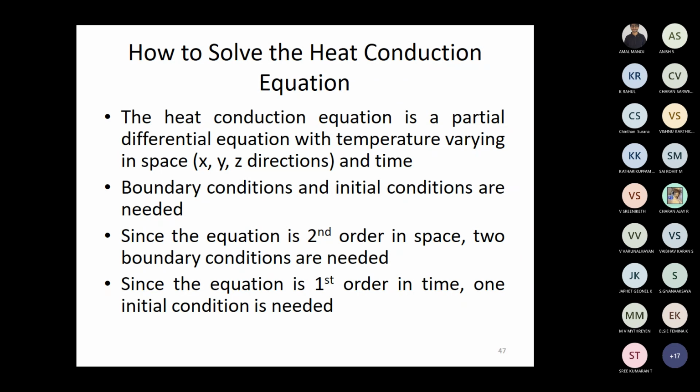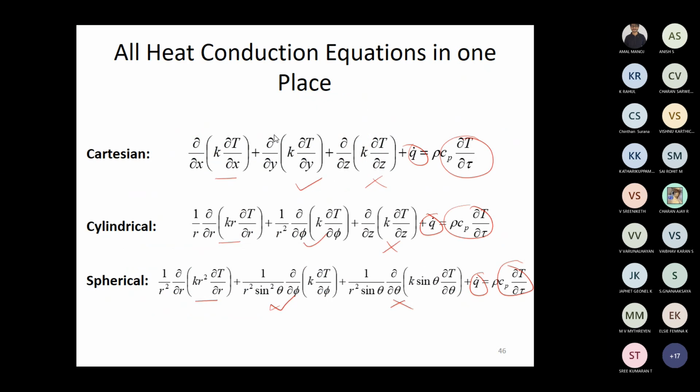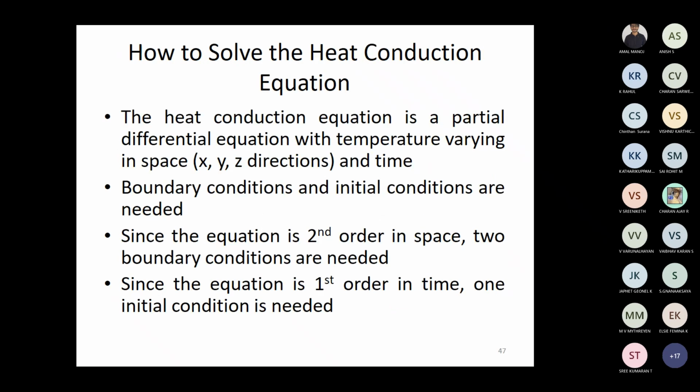Since here we have dou square T by dou x square, you will have to integrate twice because this is a second order equation. When you integrate twice, you will get two constants of integration. So you will need two conditions so that you can evaluate these two constants.